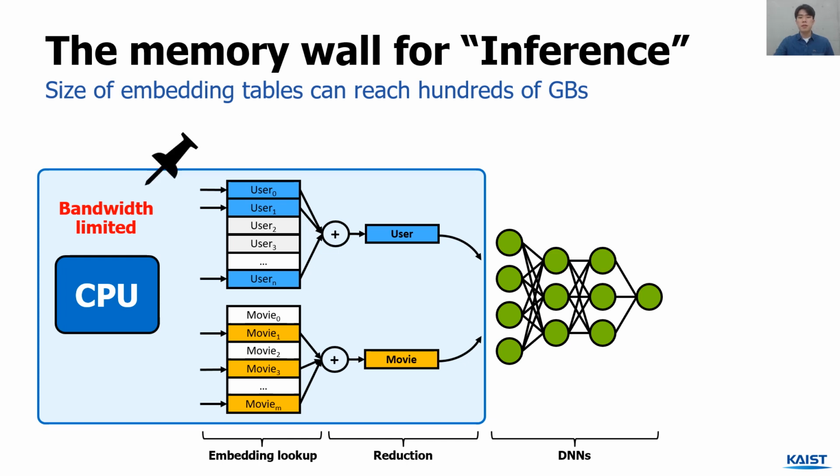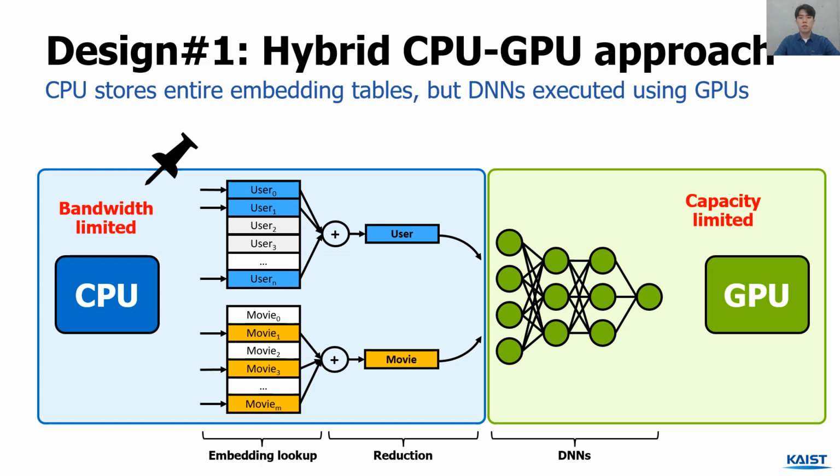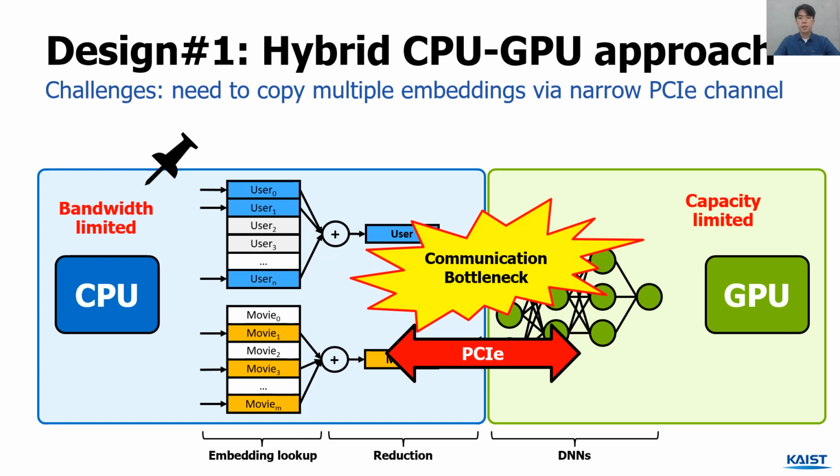Assuming the embedding tables are all stored in CPU memory, there are two possible implementations. The first design point, which we call hybrid CPU-GPU, utilizes the GPU to execute the compute-intensive DNN layers. One important challenge with hybrid CPU-GPU is that the gathered embedding vectors must be copied from CPU to GPU memory.